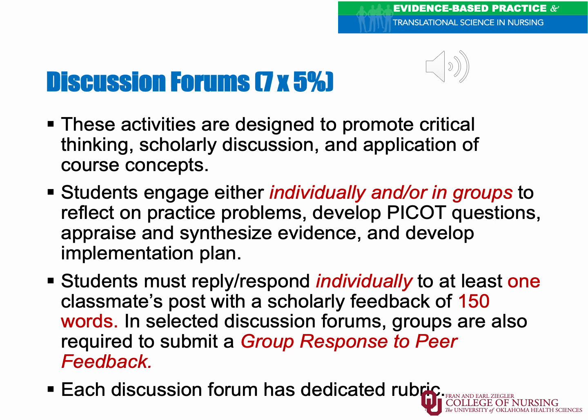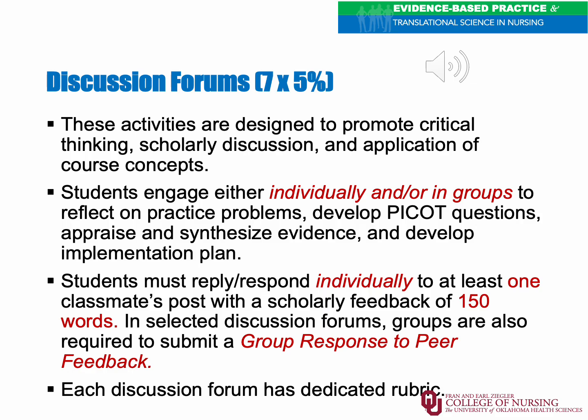A big chunk of your grade will originate from discussion forums, which is 35%. The discussion forums are designed to promote critical thinking, scholarly discussions, and application of core concepts. Here, students engage individually and in groups to reflect on and practice problems, develop PICO questions, appraise and synthesize evidence, and develop an implementation and evaluation plan.